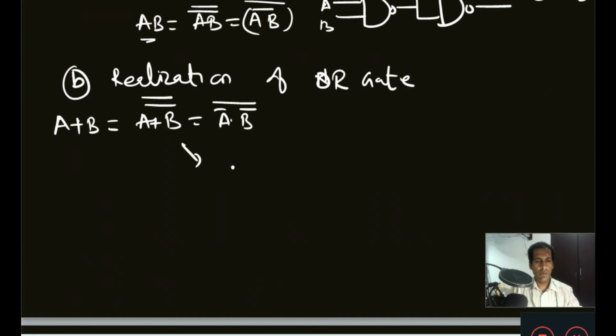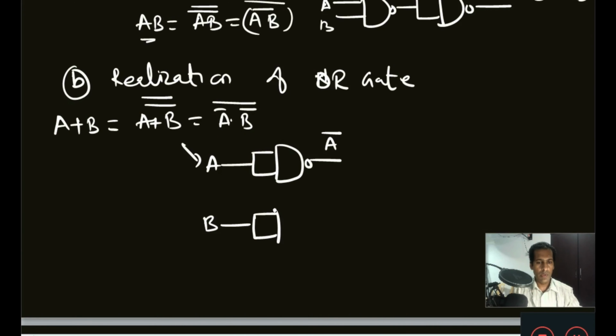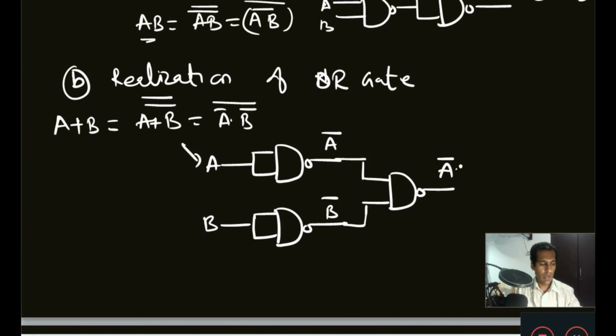So its logic circuit we can realize as: we give input A to both inputs of a NAND gate, so the output will be A bar. We give input B commonly to both inputs of a NAND gate, we get B bar, and these outputs go to another NAND gate. So that will be (A bar, B bar) whole bar, that is nothing but A plus B.